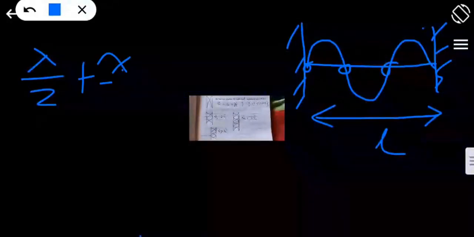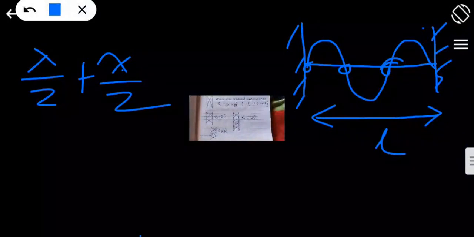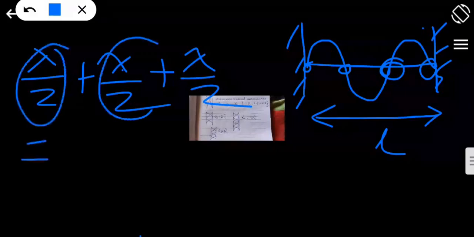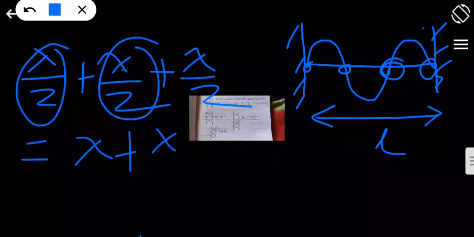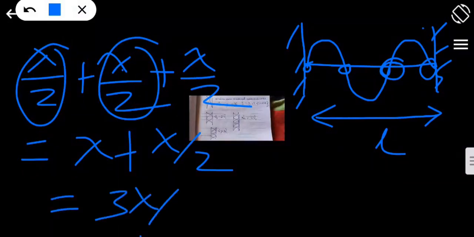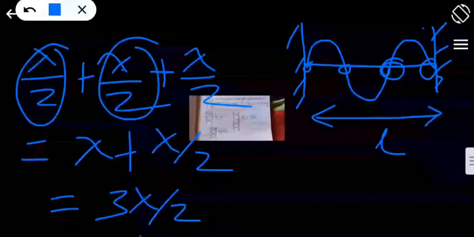Again this point to this point is lambda by 2, and this point to this point is again lambda by 2. So lambda by 2 and lambda by 2 is a full lambda, plus lambda by 2 will give you 3 lambda by 2.